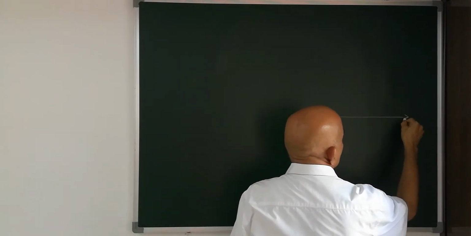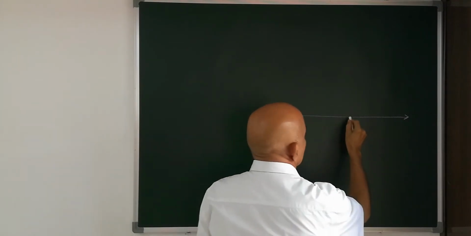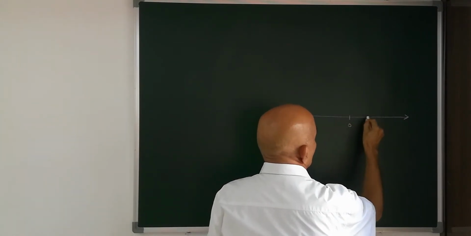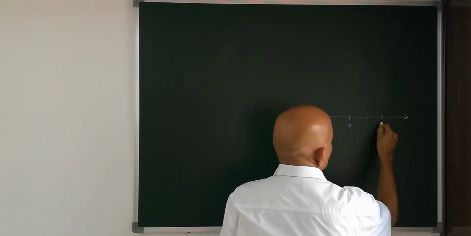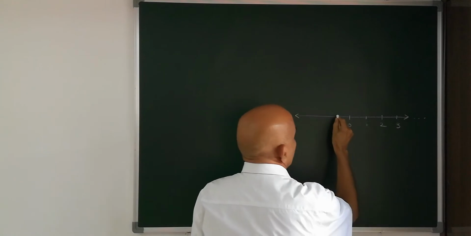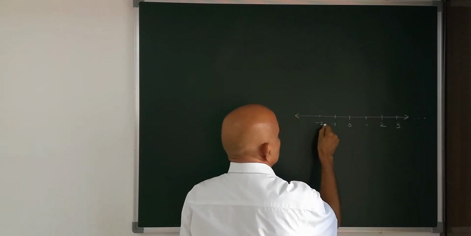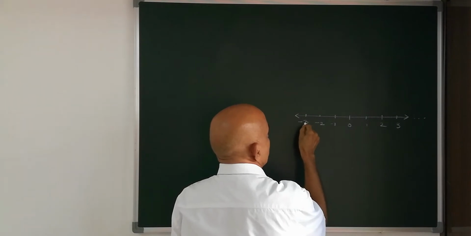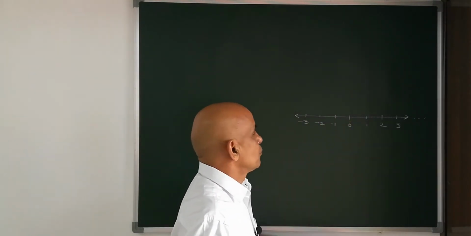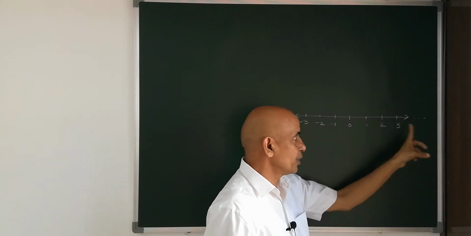In one of the previous videos, we have discussed the number line. We take 0, 1, 2, 3 and so on. Left side -1, -2, -3 and so on. So these are the actual natural numbers which we use for counting.